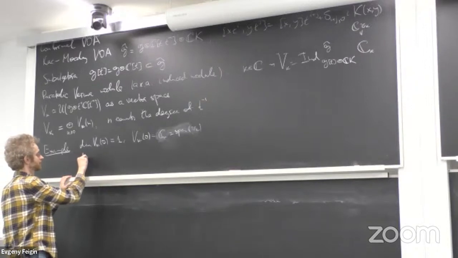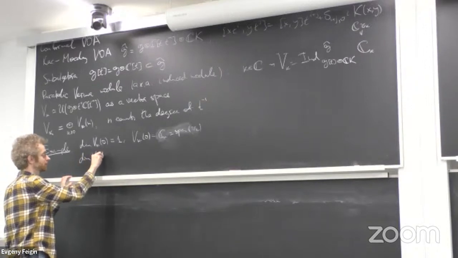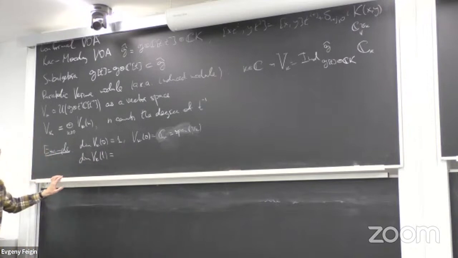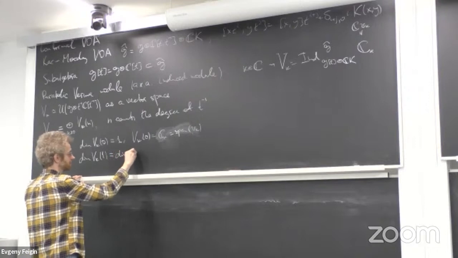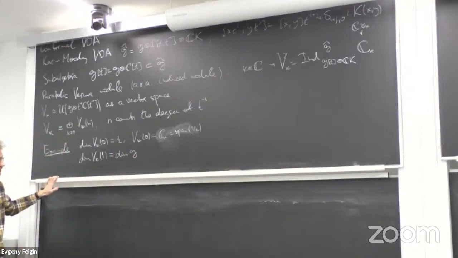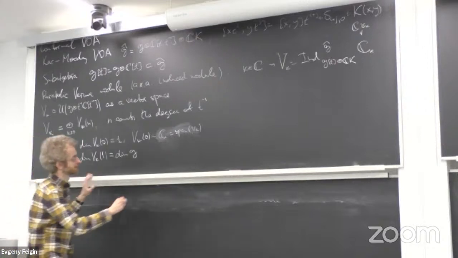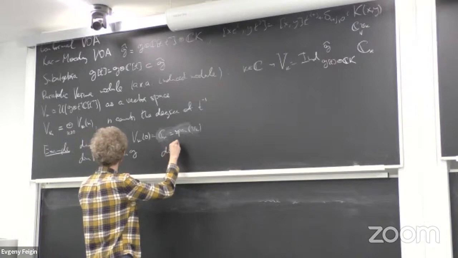Okay, and what is the dimension of Vk(1)? Yes, the dimension of g. Just because this space is spanned by the elements of the form x tensor t inverse. And just to make it absolutely clear, what is the dimension of Vk(2)?